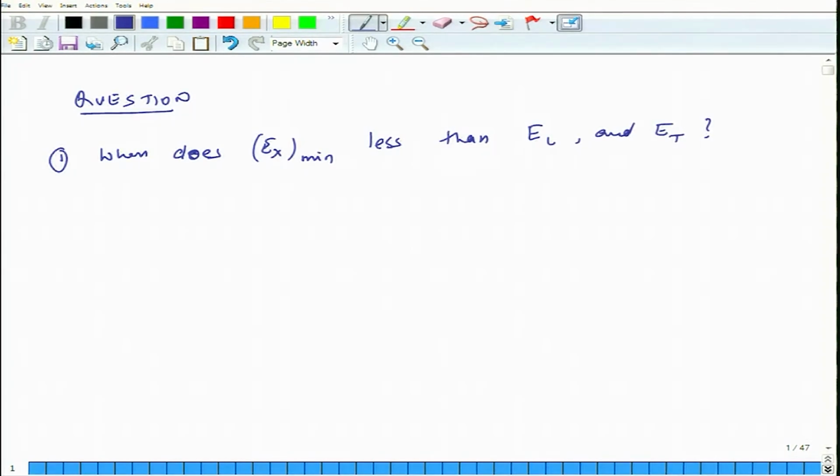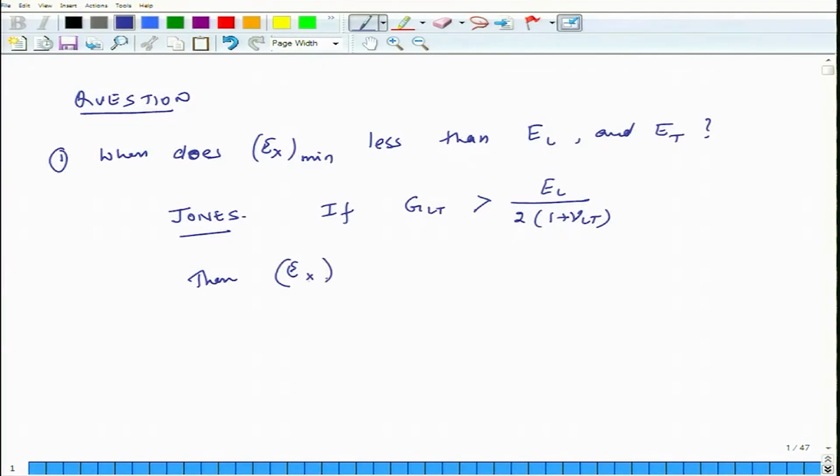And the answer to that has been given by an expert in composites, Jones, who is also the author of this R.M. Jones book on mechanics of composite material, and he has done mathematical calculations, and he says that if GLT exceeds EL divided by 2 times 1 plus nu LT, then Ex min is less than EL and Et.